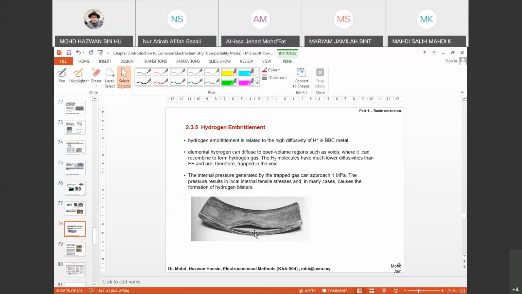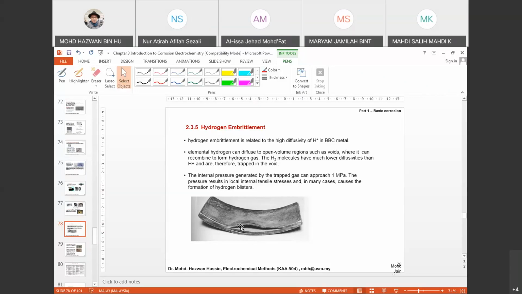So that is why you've heard about the news where batteries or power banks explode. The reason is because it has trapped gas inside, and when this material becomes highly pressurized, it can actually degrade the materials. And what happens after degradation? Corrosion and also leaking, and that can actually cause explosion. Internal pressure generated by the trapped gas can approach 1 megapascal, quite high.